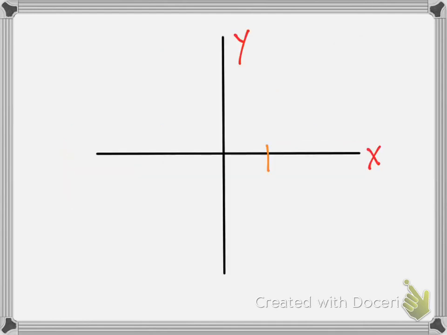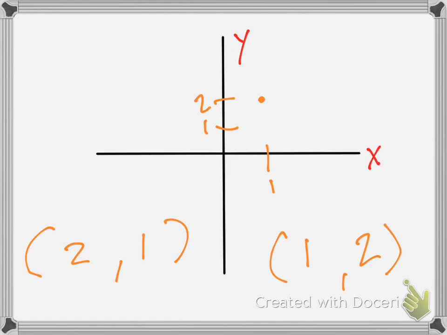And it's very important because if I was graphing this, what is this point right here? What is the ordered pair for that point? What is my X value right here? 1. And my Y value? 2. Could I write it as 2, 1?